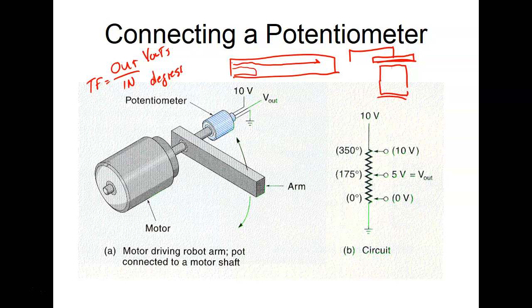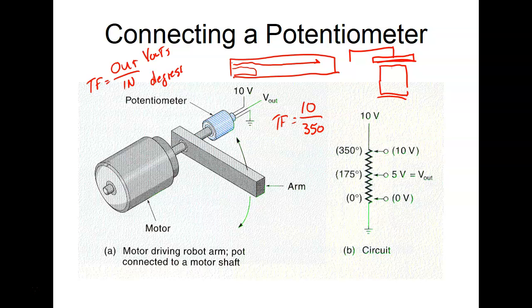So what we do is we take the maximum degree, so this would be a 350 degree pot, linear pot, and the maximum we would get out at 350 degrees is 10 volts. So I'm getting what out? I'm getting volts out, 10 volts, and that's the maximum I can get out, and that's going to represent 350 degrees.